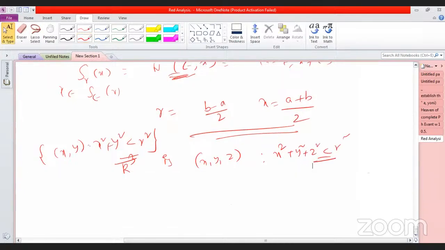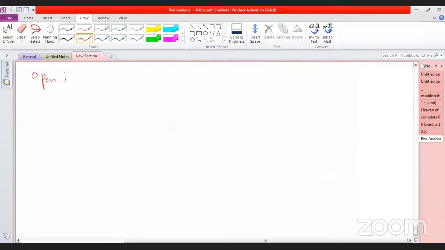What is an open set? Most important, what is the open set? There is a running matter also.